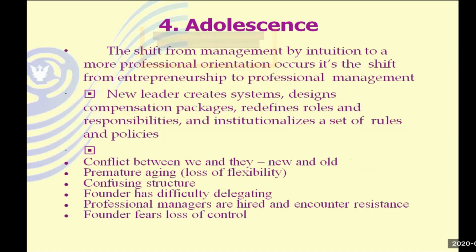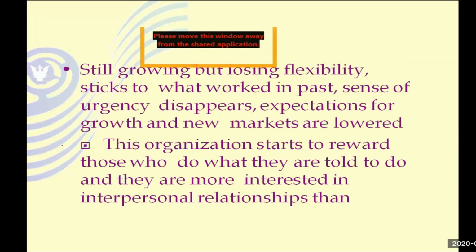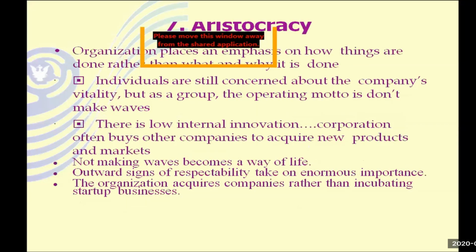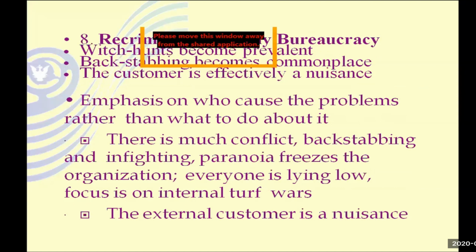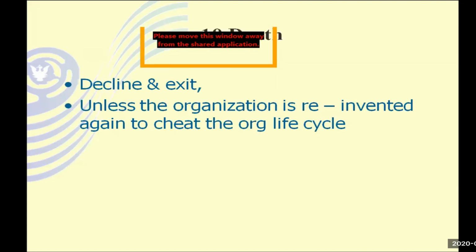Go to this adolescence, conflict. There's a lot of conflict. It's a lot of premature aging, confusing, and so forth. This prime, late prime, stability very important. Autocracy. Then you also have bureaucracy. Then death. Death means exit.